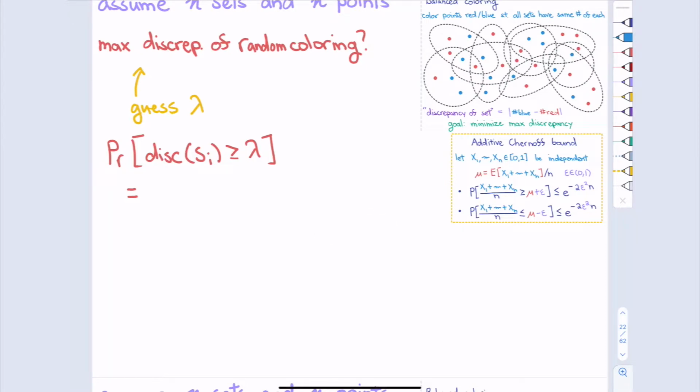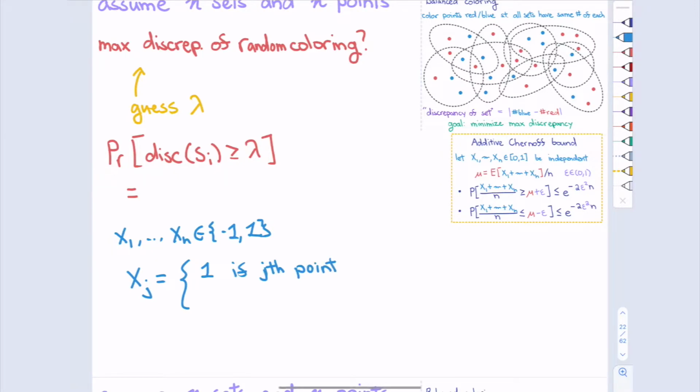So maybe we can have variables x1 through xn, where xj is equal to 1 if the jth point is in Si and red, -1 if that same point is in Si and blue, and otherwise 0, meaning the point is not in the set at all.